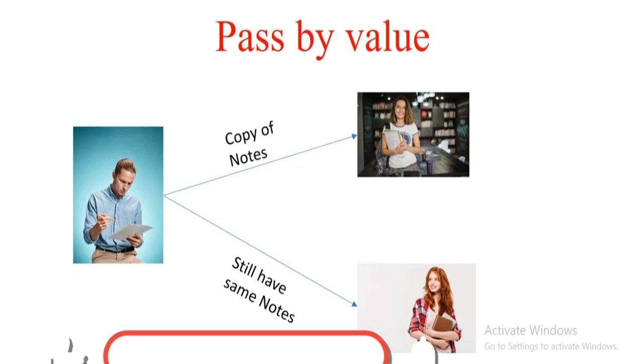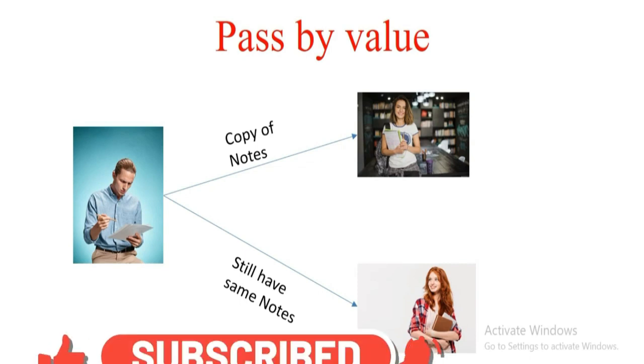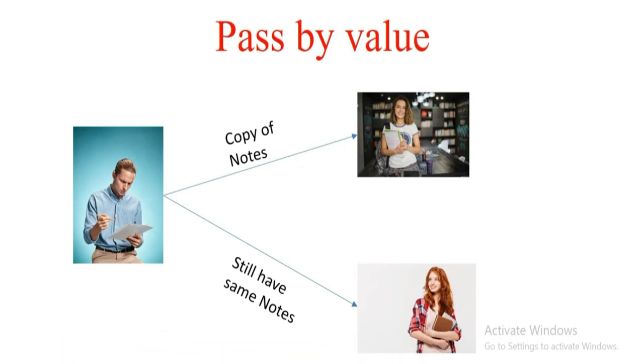Even if you modify ABC to something like 1, 2, 3, the real value at memory location X will remain the same and it won't affect your original value. So this is pass by value: you copy the variable while passing it into a method, and even if the method changes something, the original caller will not have a changed value. So this was all about pass by value and pass by reference.